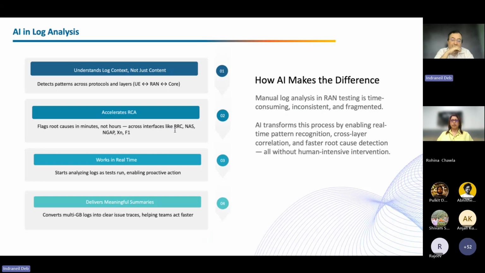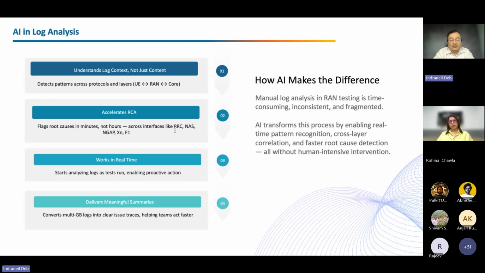So how does AI-assisted log analysis work? I don't want to get into the technical nitty-gritties of how AI actually works, but just to provide you with a high-level understanding of how AI in log analysis happens and what kind of benefit we can derive out of this.